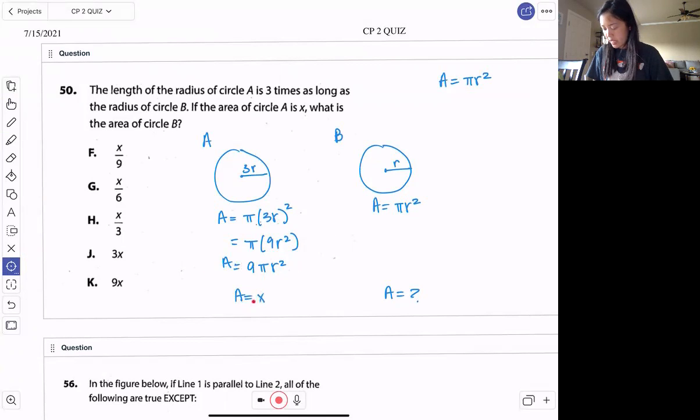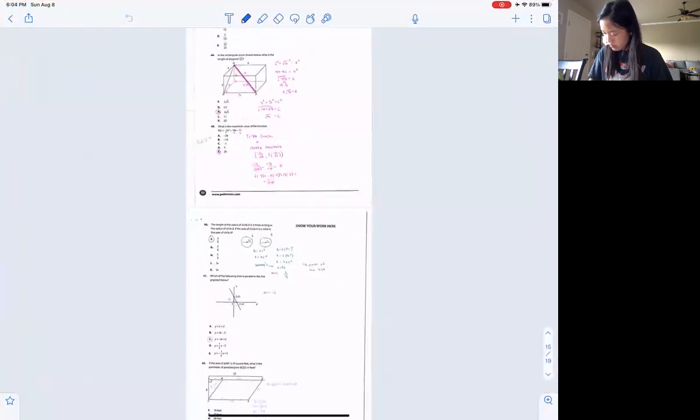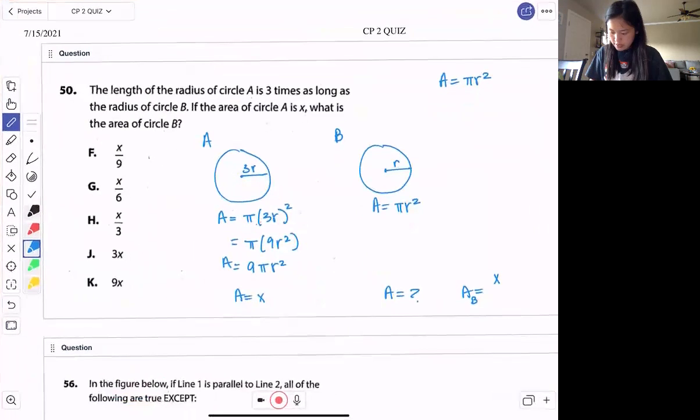So if this is the area of this circle for A, then B has to be, let me write it here. So the area for B would have to be the area of A, which is X. Oops. There we go. They said that the circle for A has an area of X, right?